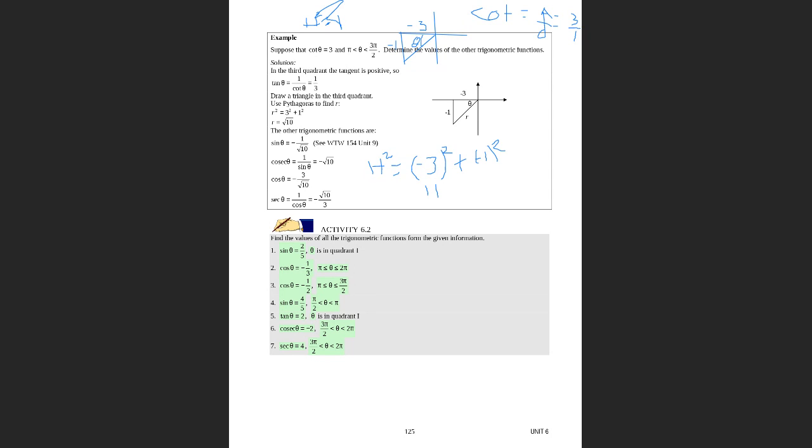So hypotenuse squared will be equal to 10. The hypotenuse will be equal to the square root, plus or minus 10. Let us remember that the hypotenuse is always positive, so it's going to be the positive one, which is the square root of 10.